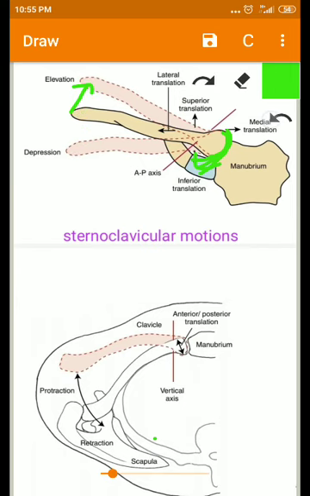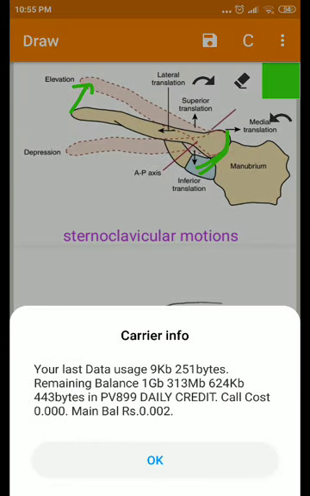Okay, normally the full range of motion of elevation along with the trunk motions is above 180 degrees.